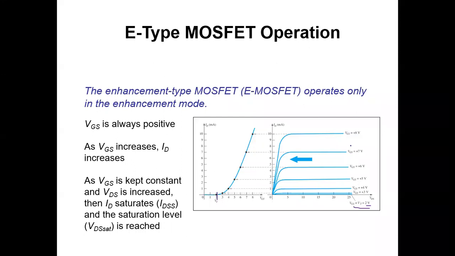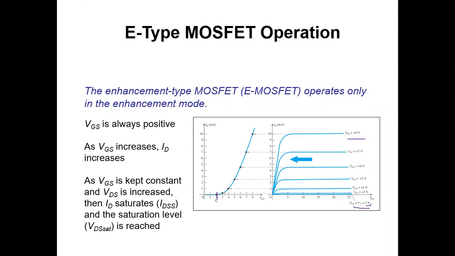So you keep on increasing the gate potential, your channel will be created and your current starts increasing. VDS remains fixed, but VDS provides you the electric field, while your gate-source potential provides the potential so that the channel is created and starts conducting.